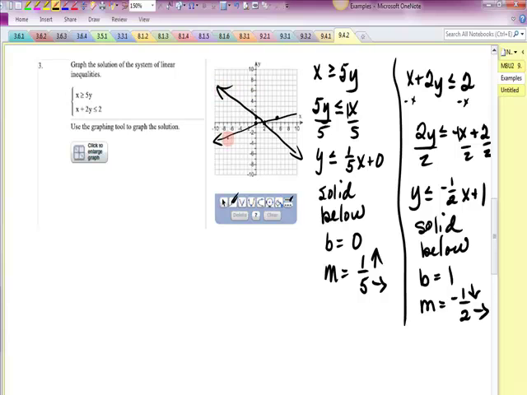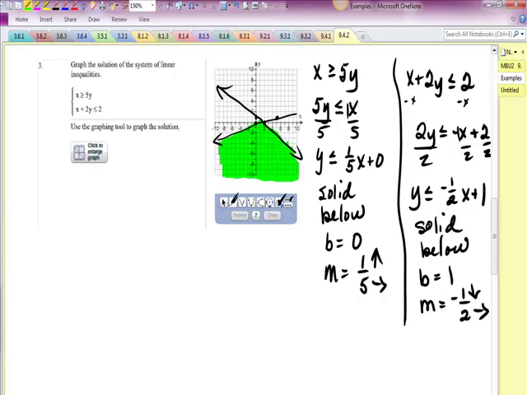So below the first line is everything down here. Below the second line is everything here. The region that is below both of them is this region. It is below that line, but it is also below this line.